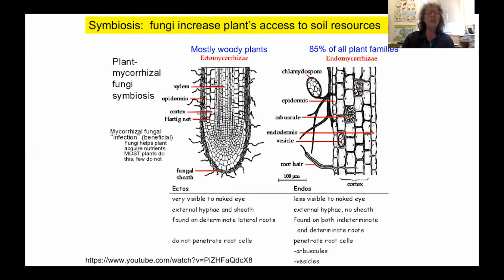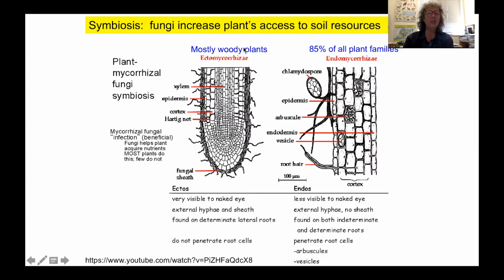So symbiosis is a relationship between two organisms, and extremely important in terrestrial ecosystems. Almost all plants have a symbiotic relationship with mycorrhizal fungi.